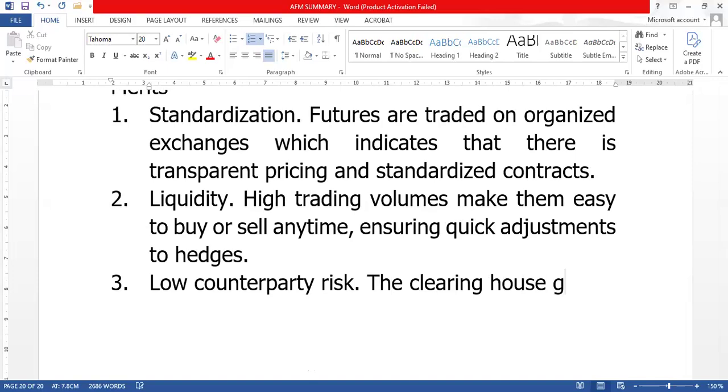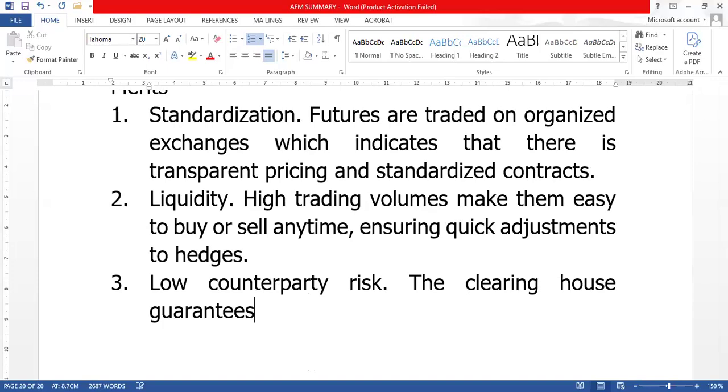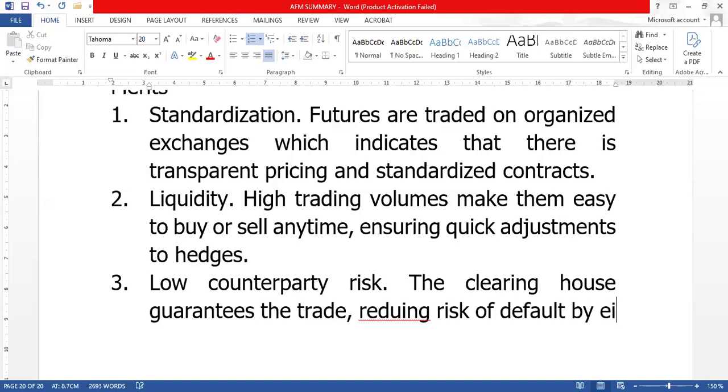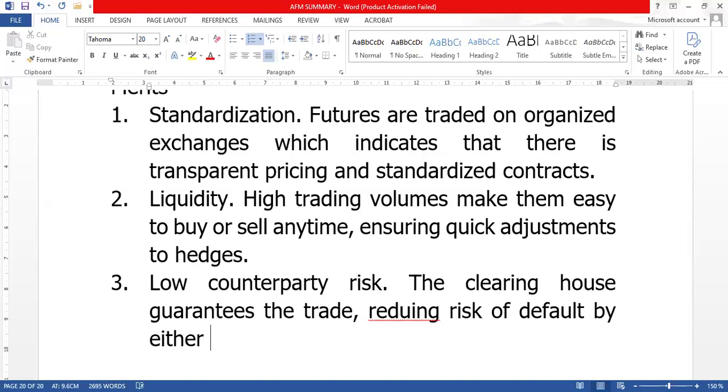The clearing house guarantees the trade because you're trading on an exchange. This reduces the risk of default by either party.